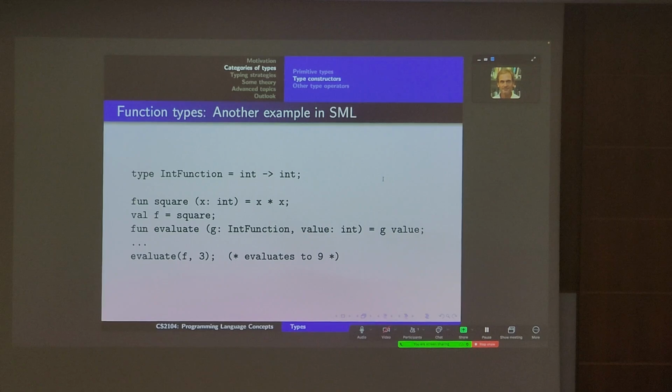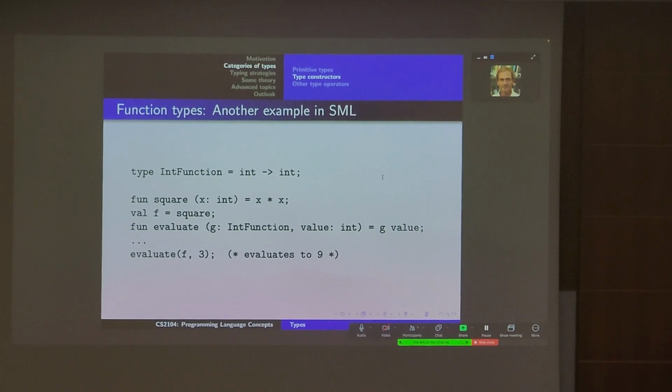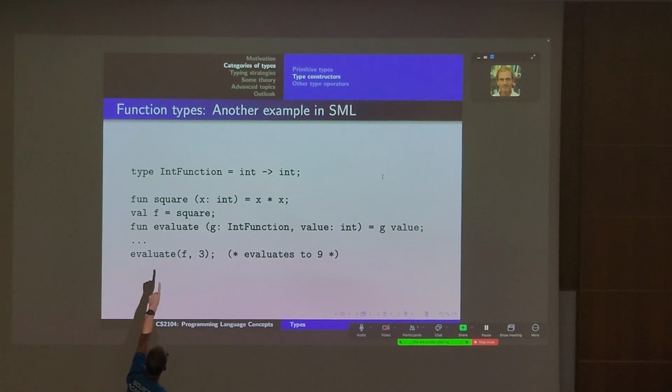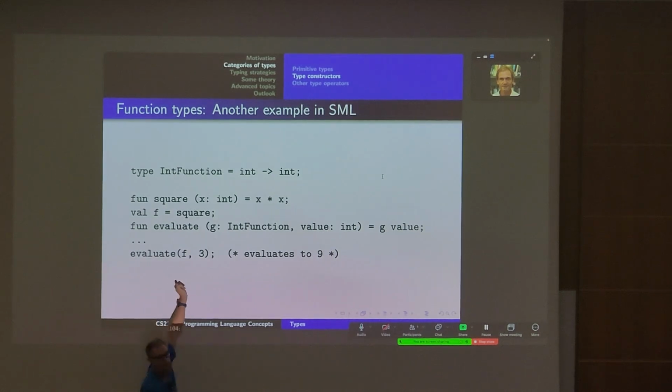The type checker needs to make that association so that when it later encounters an application of, let's say, f, of the function evaluate to f, it can look up, what is the type of f? F must have the same type as square, and square is a type from int to int. So f has type int to int.